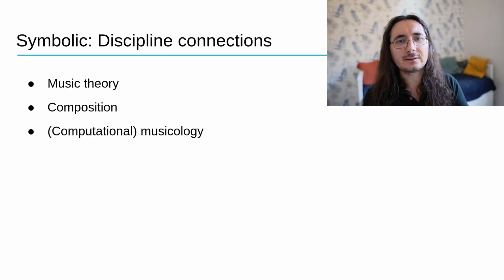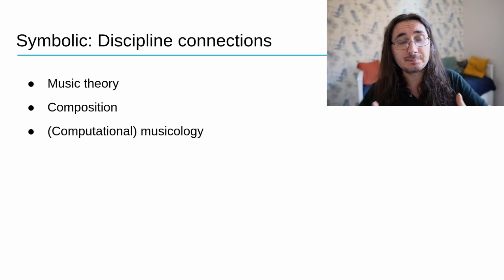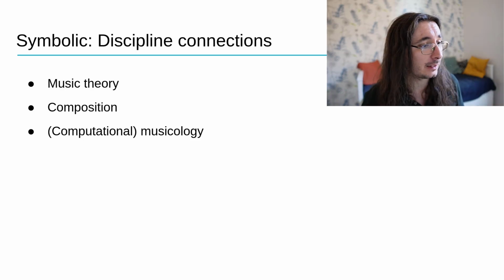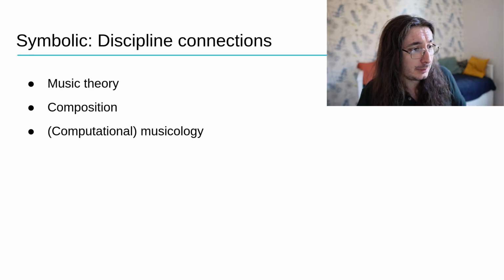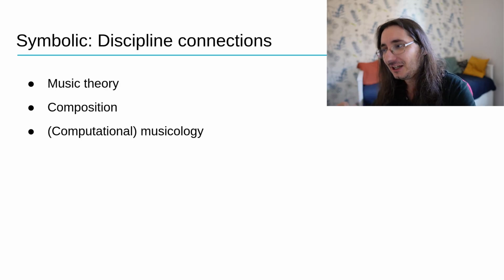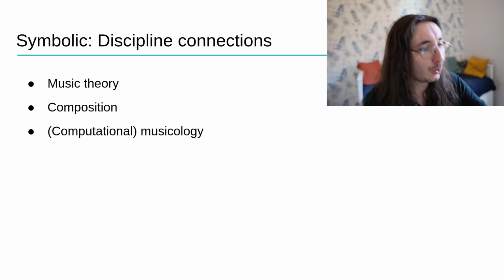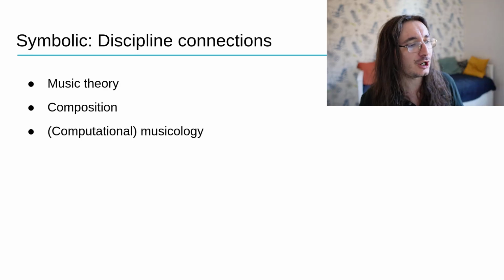Let's take a look at the disciplines that are somehow connected to symbolic representations of music. I would say that music theory is especially connected to symbolic, because at the end of the day, you're always going to be dealing with scores one way or another. Same thing for composition and computational musicology.